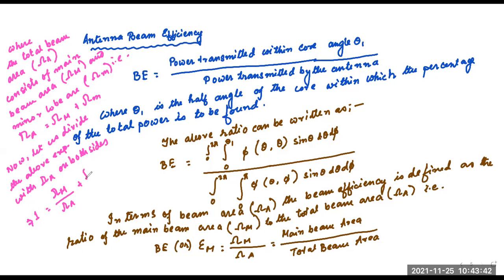plus sigma small m by sigma A. That is equal to epsilon m plus epsilon small m, that is equal to epsilon capital M plus epsilon small m, where epsilon small m equals sigma small m by sigma A. This is called stray factor.